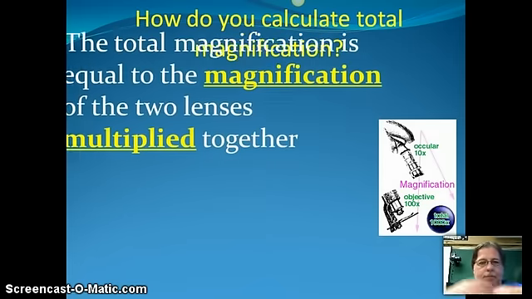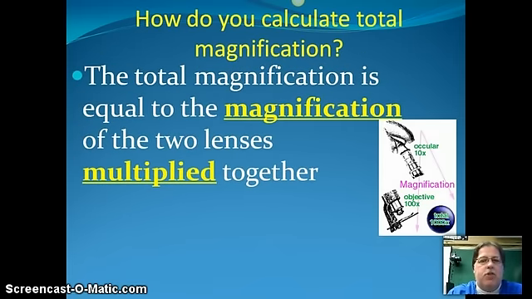The total magnification is equal to the two lenses multiplied together. Over here, if your eyepiece was 10 times and your objective was 100 times, 10 times 100, it would look like it's 1,000 times bigger. Okay?